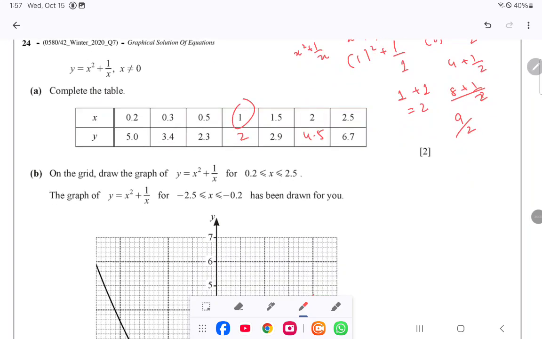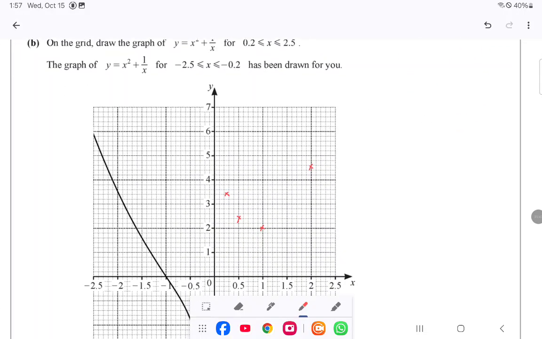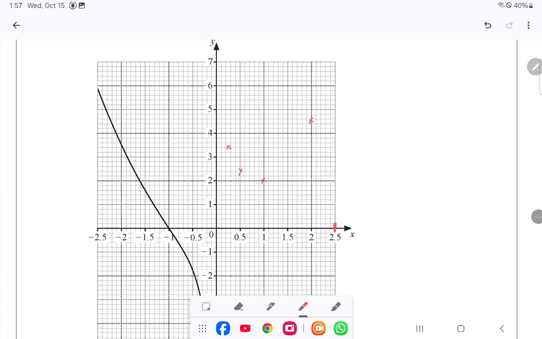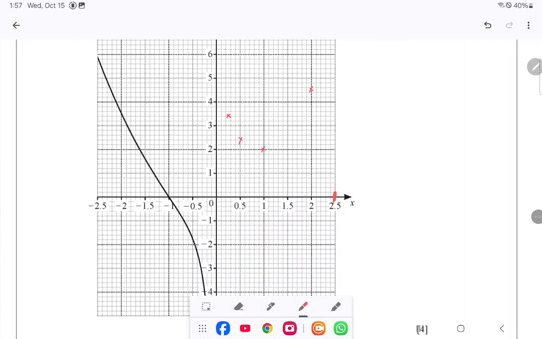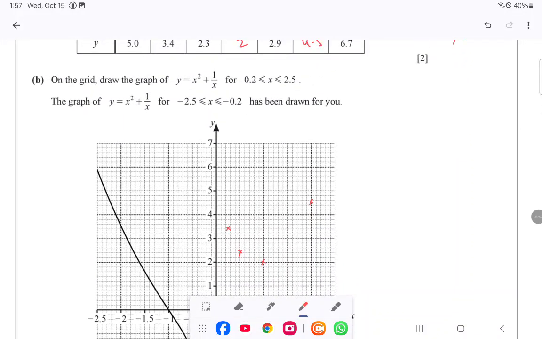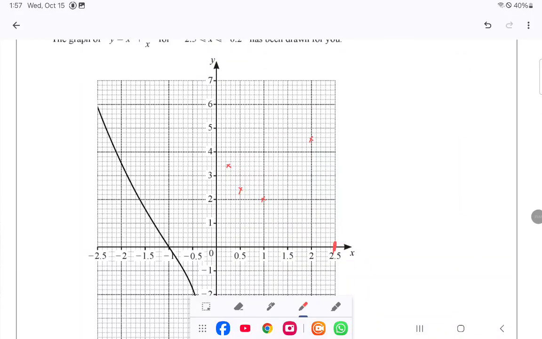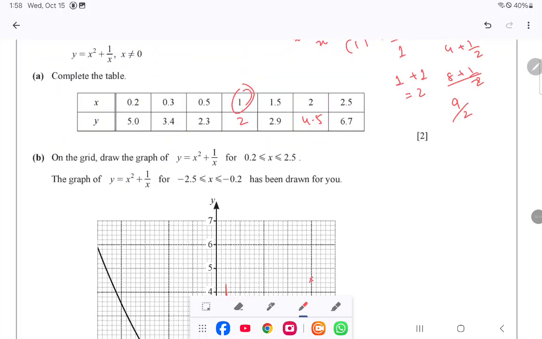On part B, we have to draw the graph where x can be less than or equal to 2.5 here and greater than or equal to 0.2 somewhere here. So this is the limit of our graph. If we add the point on x is equals to 1, y gives the value of 2.